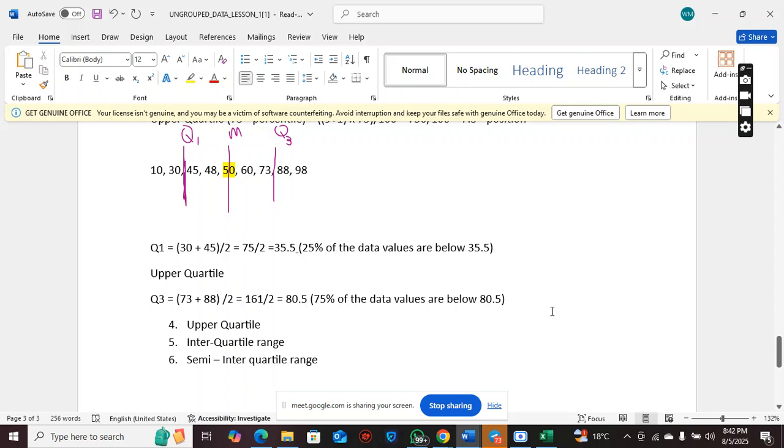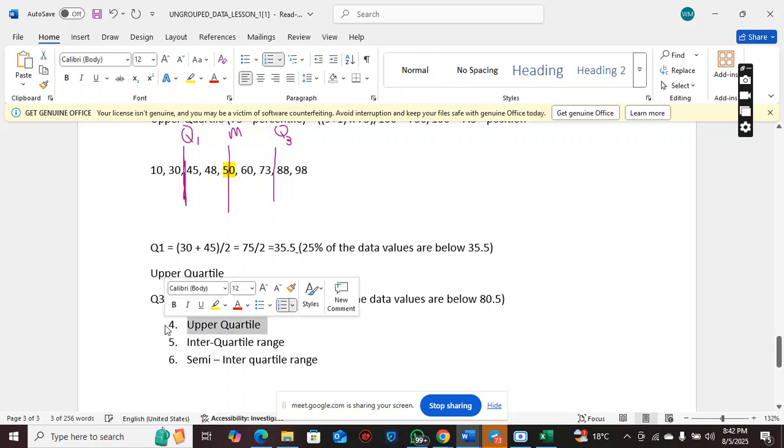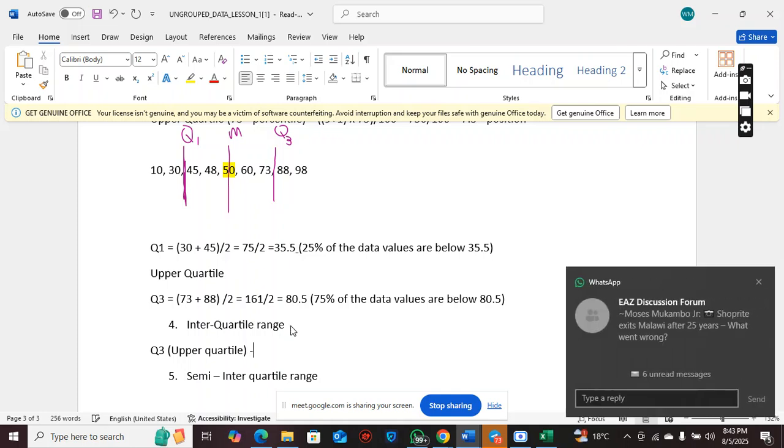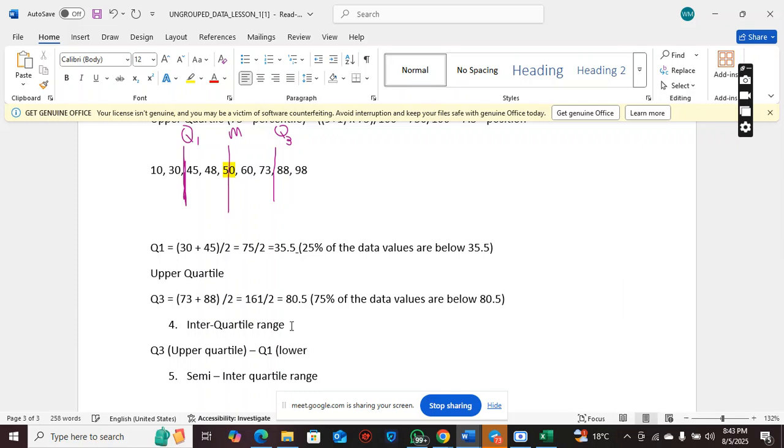So we now need to find the interquartile range. The interquartile range is just your upper quartile, Q3, minus Q1, the lower quartile.